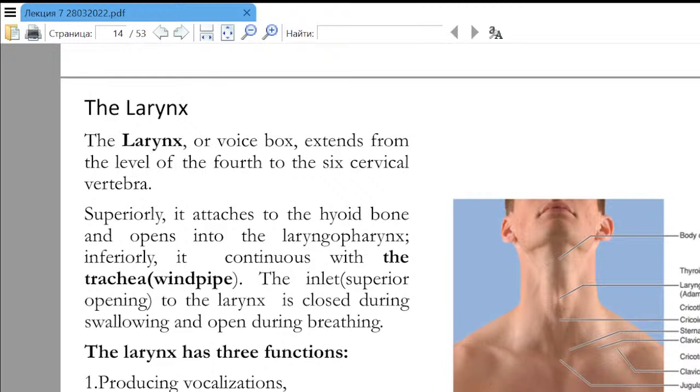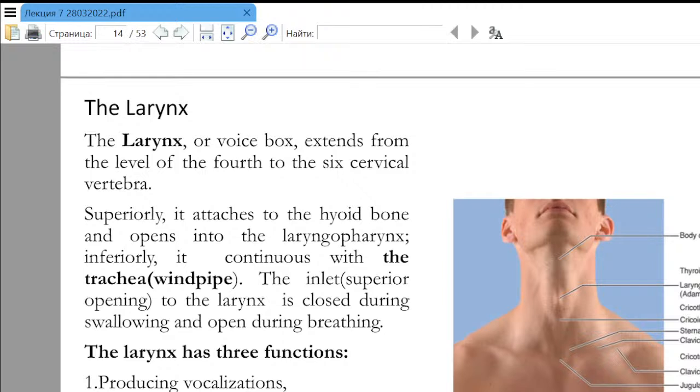The superior opening to the larynx is closed during swallowing and open during breathing. The larynx has 3 functions: producing vocalization, providing an open airway, and acting as a switching mechanism to route air and food into the proper channel.